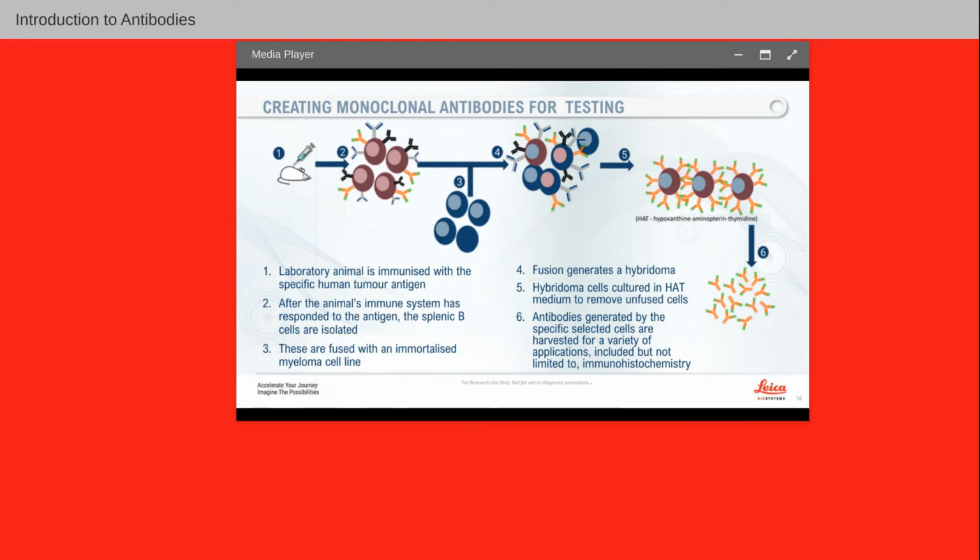So generating high-quality, specific, robust antibodies for research is quite a rigorous process. Against human cancers, what we need to do is isolate the tumour cells and purify them. You pick the tumour that you want to raise antibodies against, the tumour that's growing in the human.